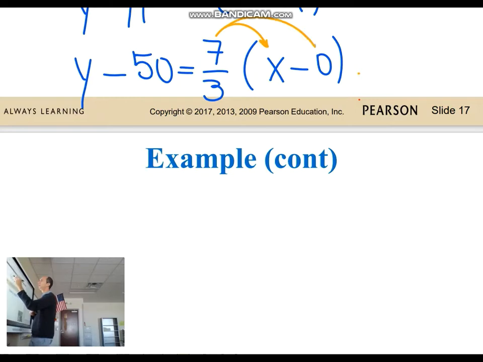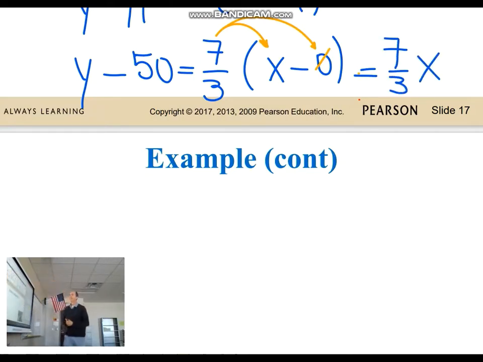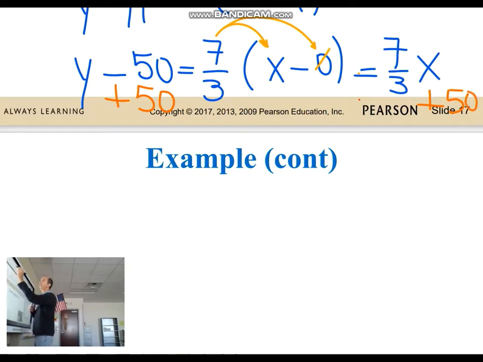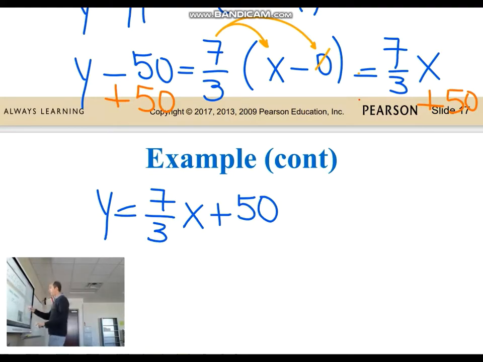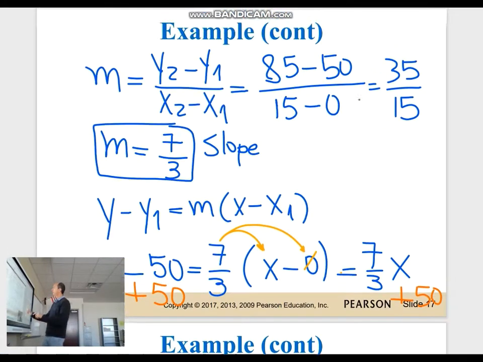Check it out. Distributive property, and this is 0. We can just write down here 7 over 3x, right? And we can also apply the addition property of equality. You can add 50 on both sides of this equation. So we have y equals 7 over 3x plus 50.